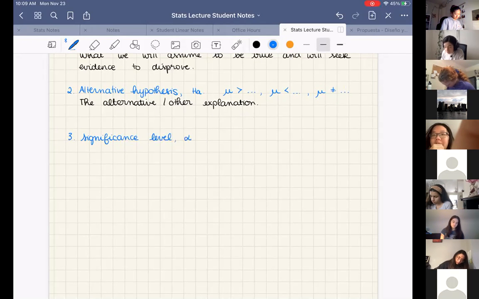Which is denoted by alpha. And it's essentially a measure of the amount of evidence that you want to disprove your null hypothesis, right?